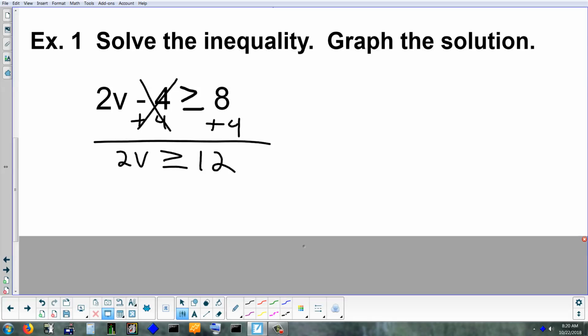Last step is going to be... How about Nagelli? What do you think? What would be my last step? Yep, divide. And what would you divide by? Divide by 2. Okay, so Nagelli says divide by 2. I get v. What about my sign? What should I do with it?